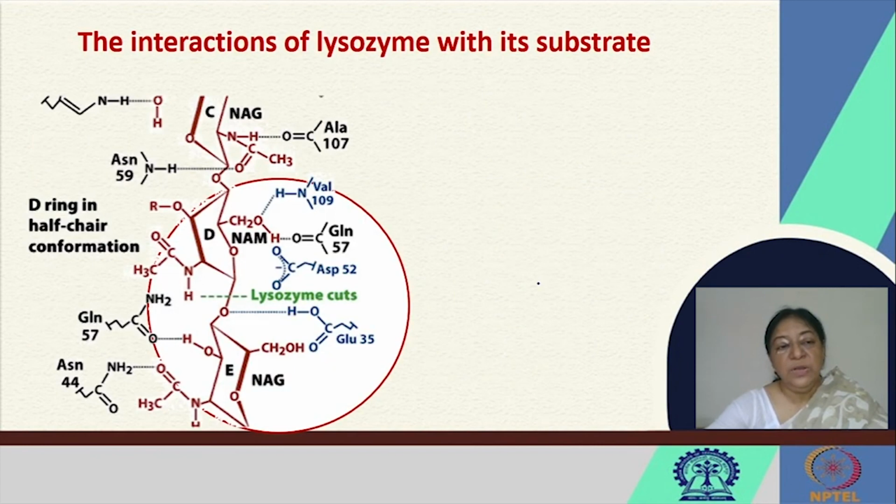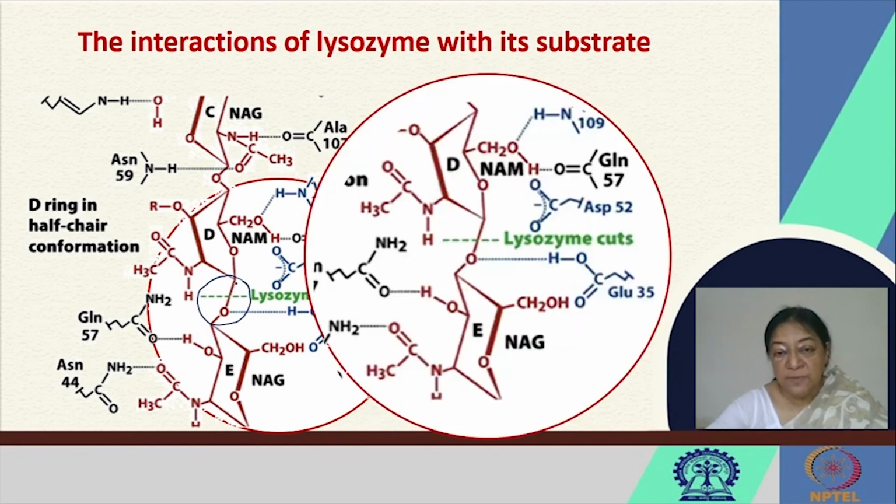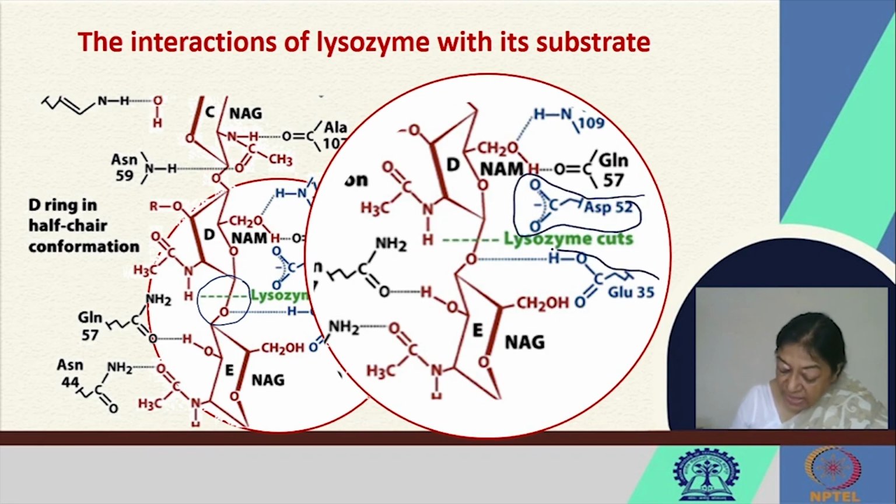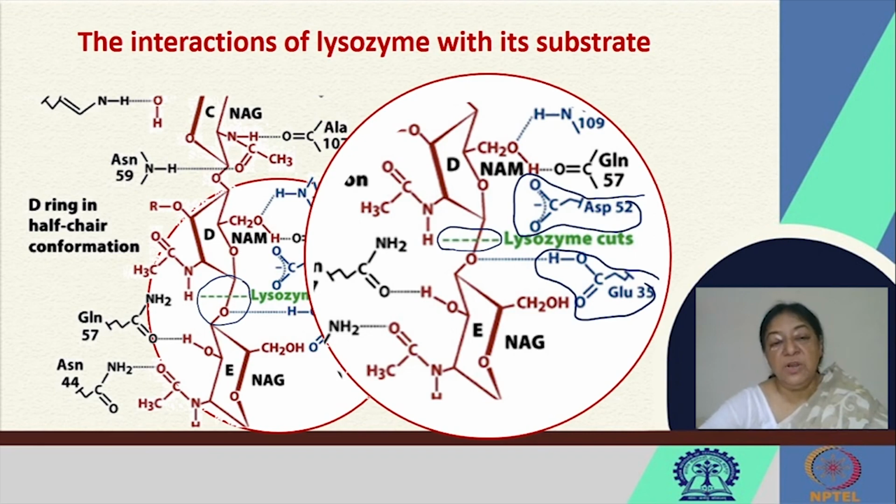So now if we look at again this picture where we know lysozyme is going to cleave at this position, if we zoom in on this a bit, we see that we have the aspartic acid residue important here and this glutamic acid residue important, that will assist the cleavage of this particular bond, the beta glycosidic bond between the NAM and NAG of the D and E hexasaccharide unit.